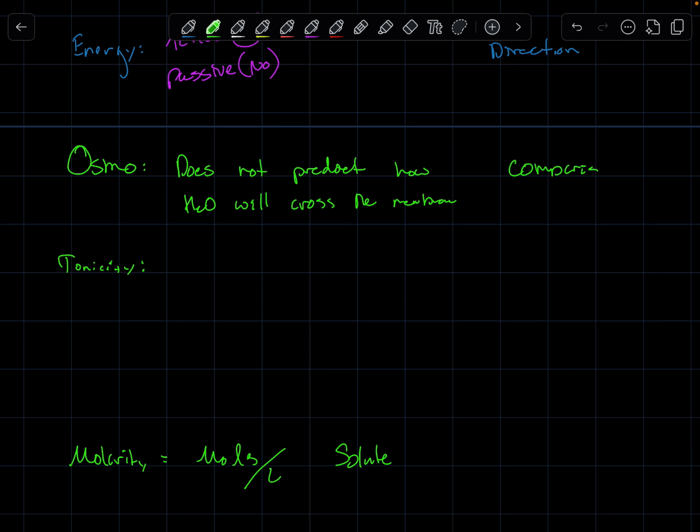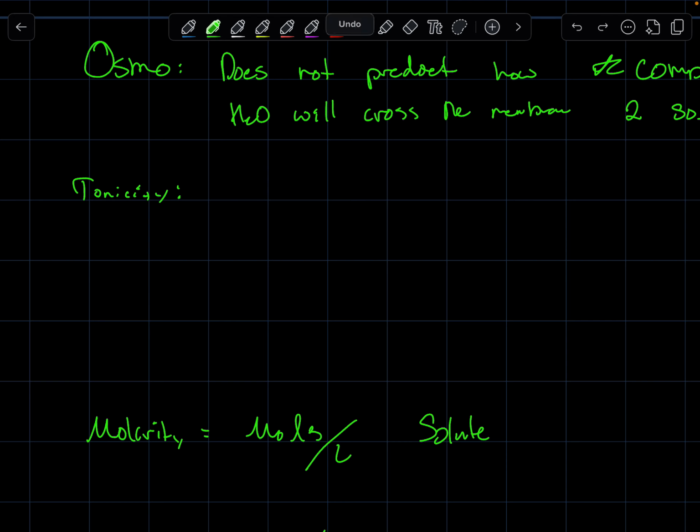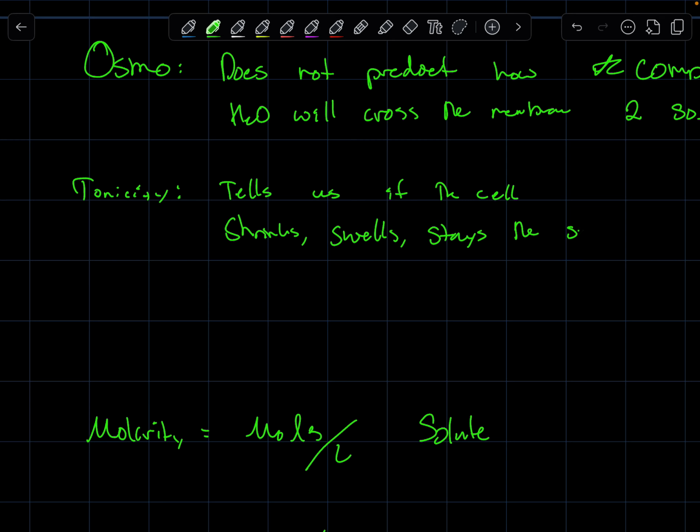This is how I like to say it: a comparison between two solutions, really. And tonicity actually allows us to see what happens. It tells us if the cell shrinks, swells, or stays the same. It's very helpful.